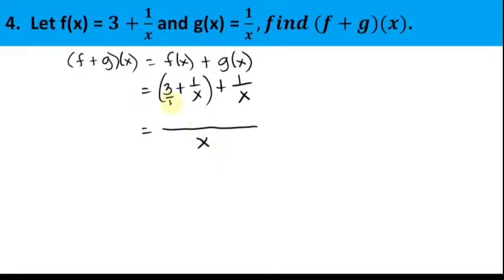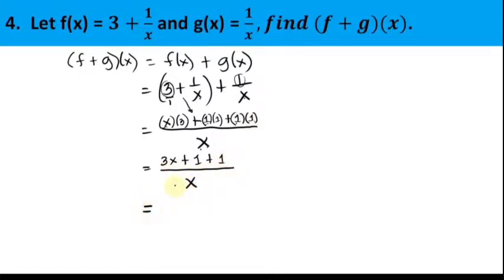So x divided by 1, the answer is x times the numerator, that is 3, plus x divided by x, that is 1 times the value of the numerator, so 1 times 1, plus x divided by x, that is still 1, times the value of the numerator, that is 1, equals 3 times x or x times 3, that is 3x, plus 1 times 1, that is 1, plus 1 times 1, that is 1, over x.